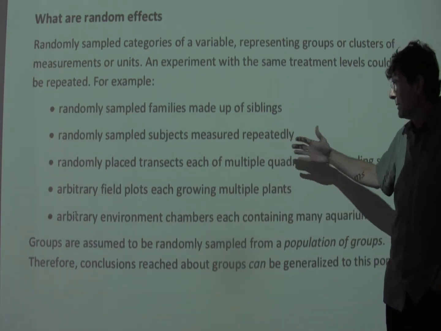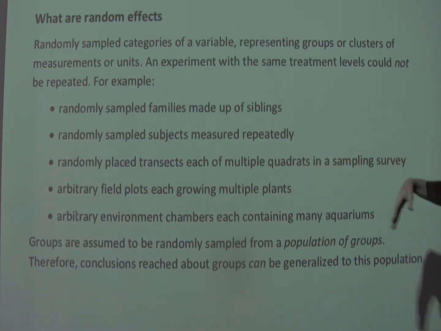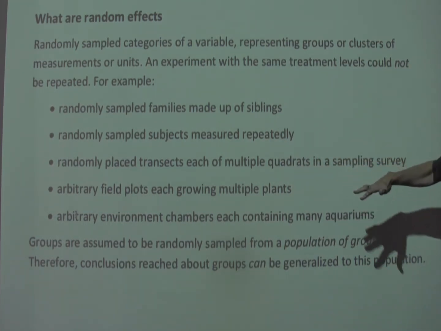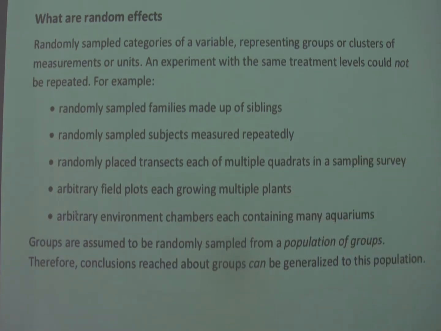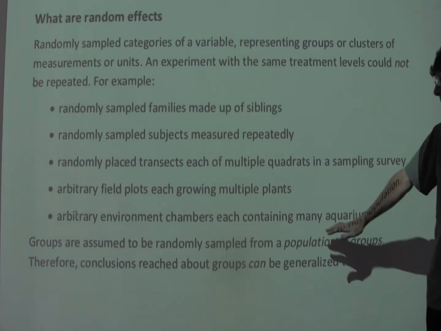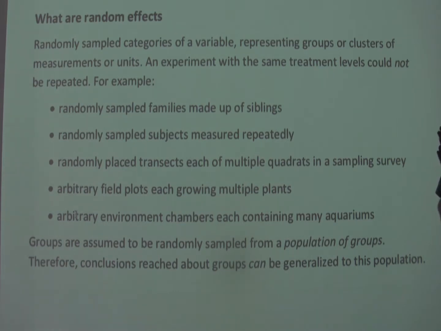So: randomly sampled subjects that are measured repeatedly, randomly placed transects of multiple quadrats in a sampling survey, arbitrary field plots, growing plants for some agricultural experiments, environment chambers in which you may have aquariums or trays of plants.